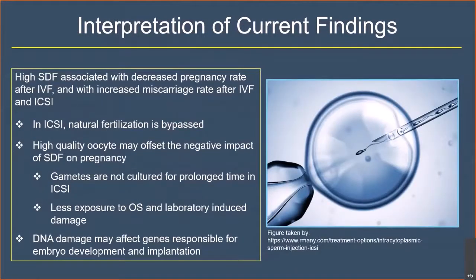So let's summarize the findings described so far. In general, high levels of SDF have been associated with decreased pregnancy rate after in vitro fertilization and with increased miscarriage rate after ICSI. This can be explained by the fact that in ICSI, the natural fertilization process is totally bypassed by the embryologist. Also, it is possible that high quality oocytes may offset the negative impact of sperm DNA fragmentation on pregnancy.